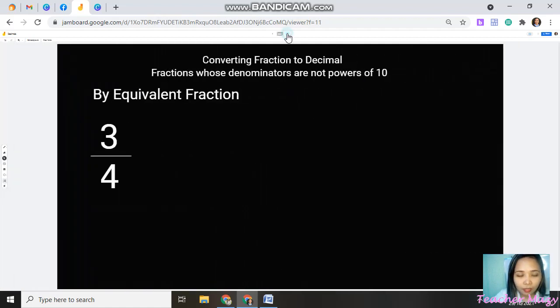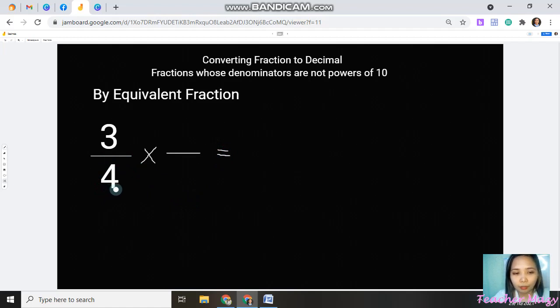Next method is we can use equivalent fraction. Ang goal naman natin dito is to make our denominator a power of 10. Mag-iisip tayo ng number na kung saan i-multiply natin siya para maging power of 10 siya. Okay? So, in this case, 4.